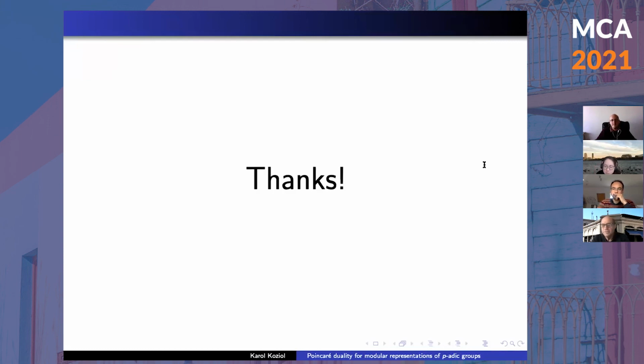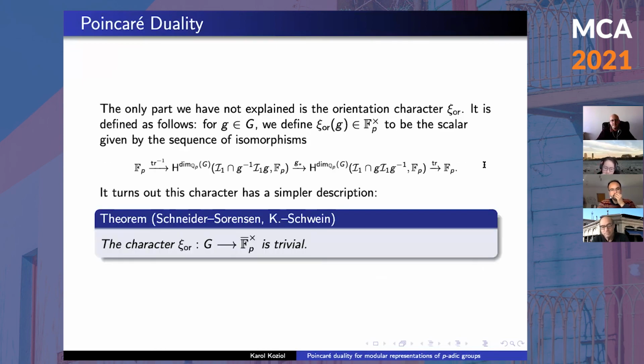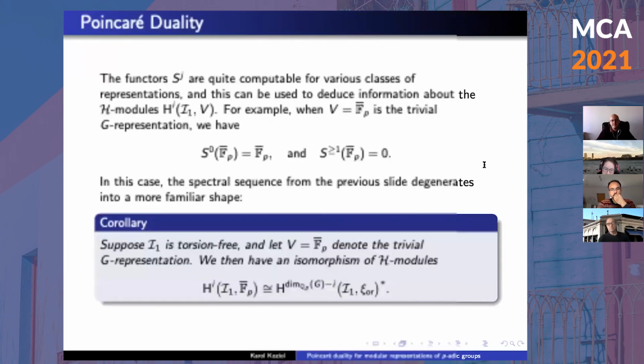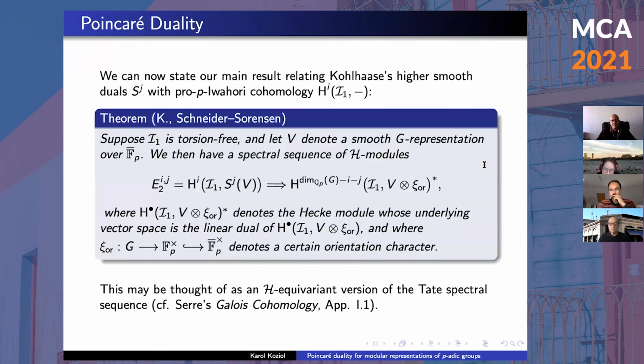Can you apply this spectral sequence to, say, compactly induced representations of, say, the trivial representation of the pro-p Iwahori? Oh, that's a great question. You can definitely plug that in as your V. This spectral sequence works for any smooth representation.